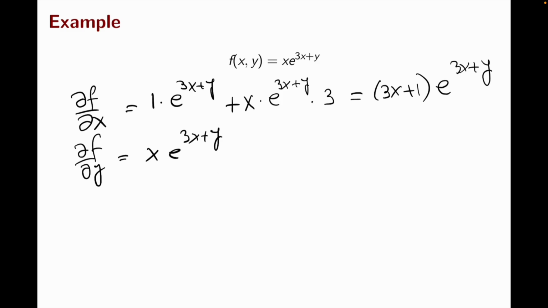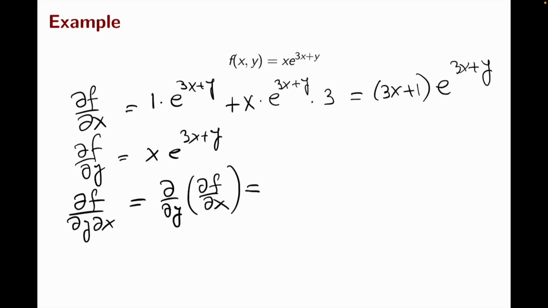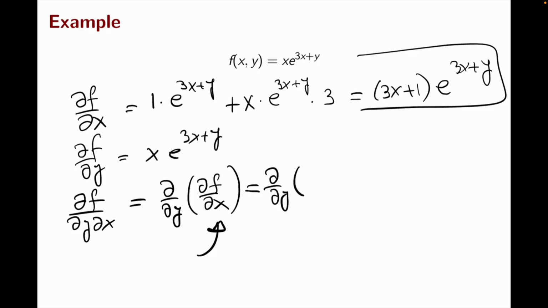Now we are going to do the derivative of f with respect to y with respect to x. This is equal to the derivative with respect to y of the derivative with respect to x. It is important to recall the definition here, because this is the function that you have to look for. Where is it? It is this one, right? So this is the function that you have to differentiate with respect to y.